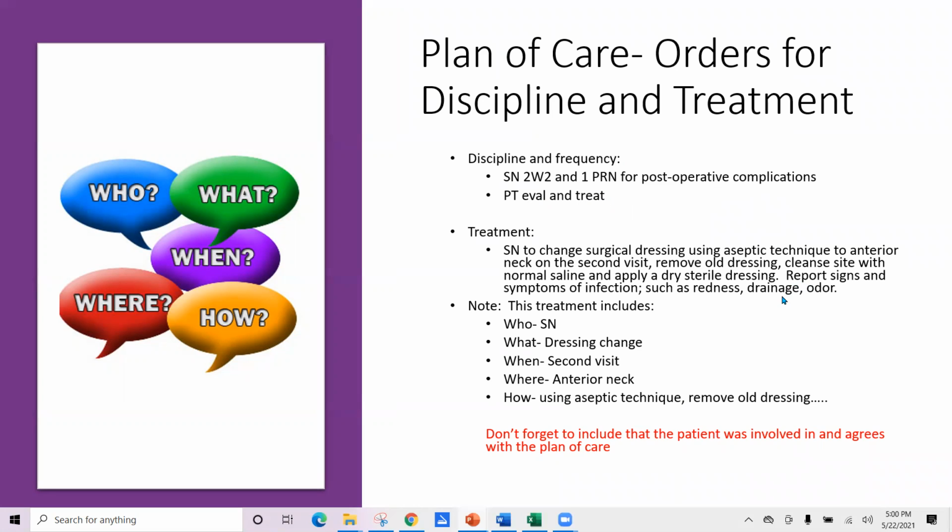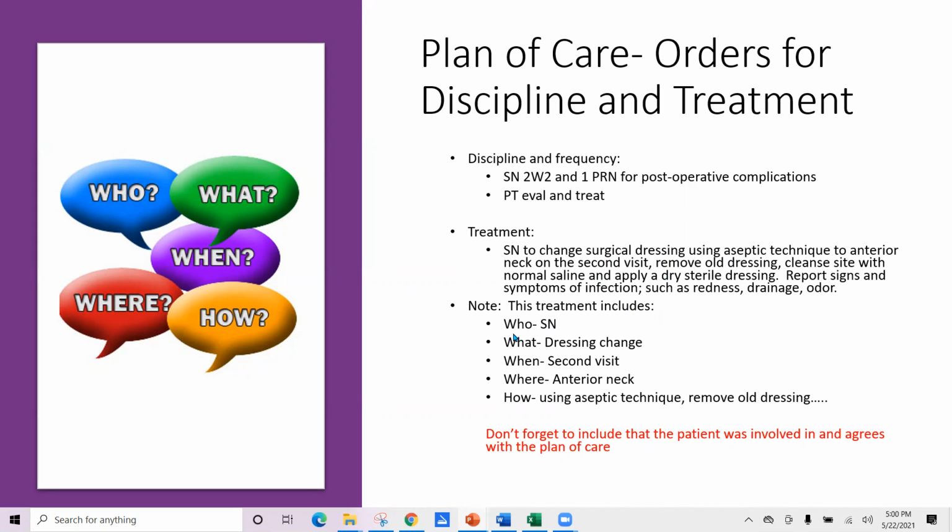And now let's talk about your treatment. So this is going to be your typical surgical dressing change. So skilled nurse to change surgical dressing using aseptic technique to anterior neck on the second visit. Remove old dressing, cleanse site with normal saline, and apply a dry, sterile dressing. Report signs and symptoms of infection such as redness, drainage, and odor.